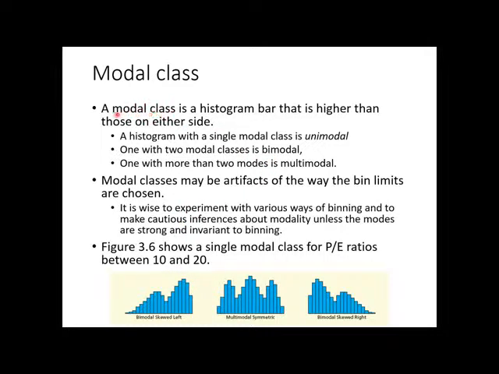A modal class means a histogram bar that is higher than those on either side. So this bar is higher than the others: the left of it is lower than this one, and the right of it is lower than this one.